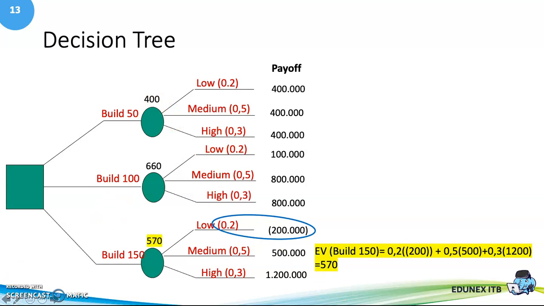After we calculate all of the expected values, the next step is to choose which one is the maximum. We compare all of those alternatives, whether to build 50, 100, or 150 units.